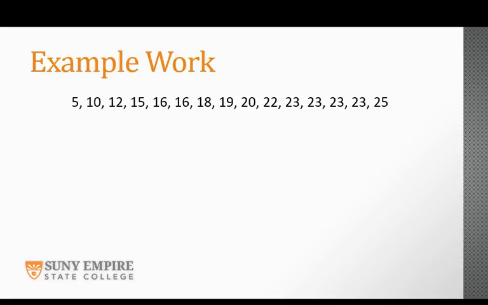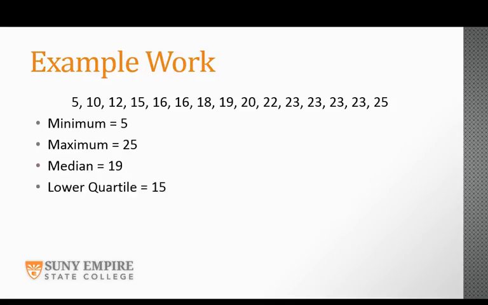To find the required measures, first we have to put the scores in order. This shows us that the minimum is 5, and the maximum was a perfect score of 25. Pairing off the highest and lowest scores, we find that the median is 19. Looking just at the scores lower than the median, the middle of those scores is 15, which is our lower quartile.